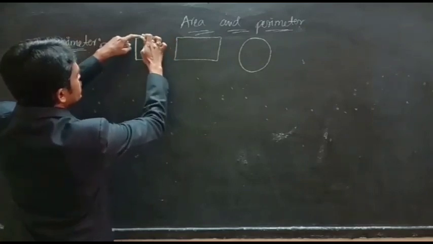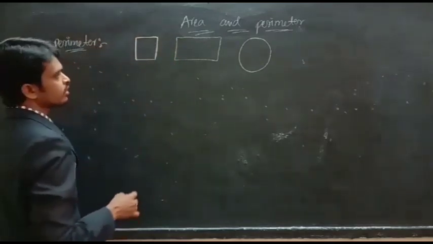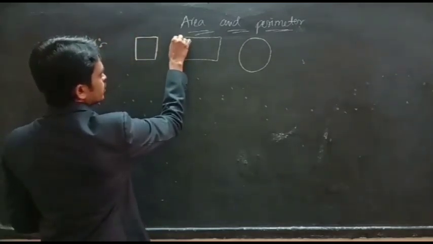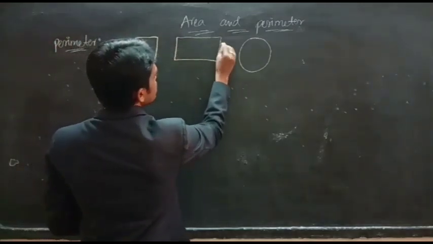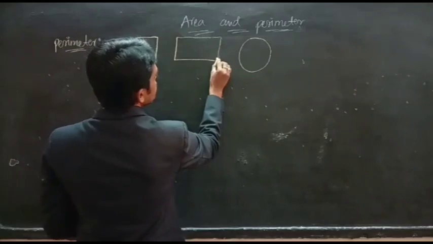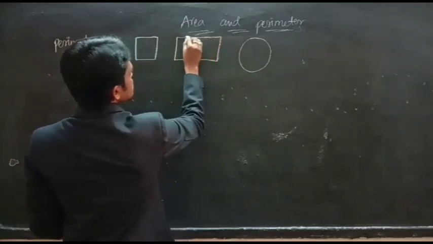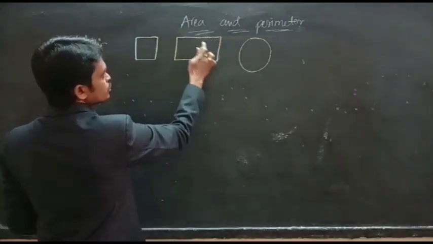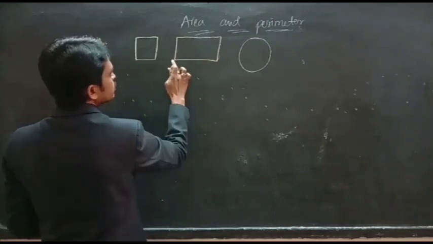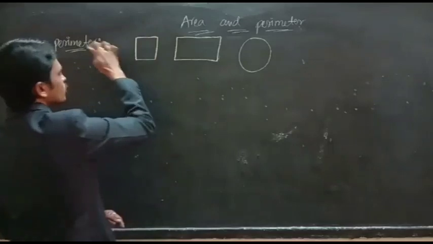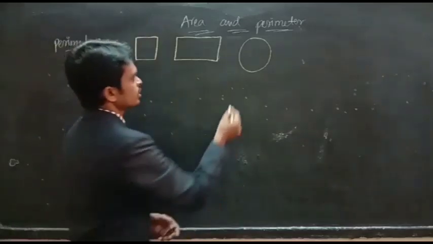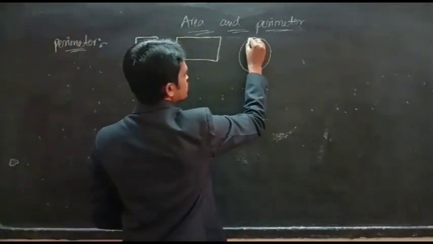This boundary is called a perimeter. Look at here also, this is the length of all sides of a closed figure. So the length of all sides of a closed figure is called perimeter. Here also, see, this is the total length.